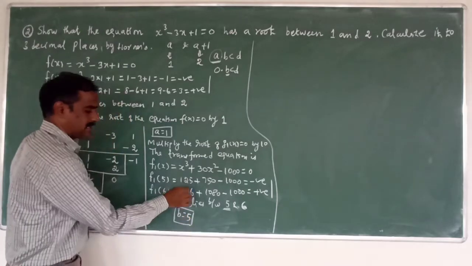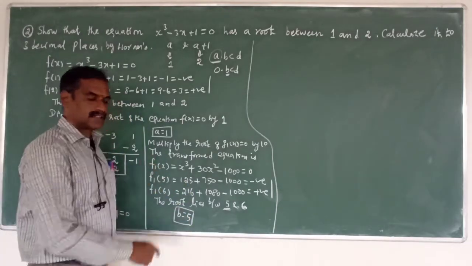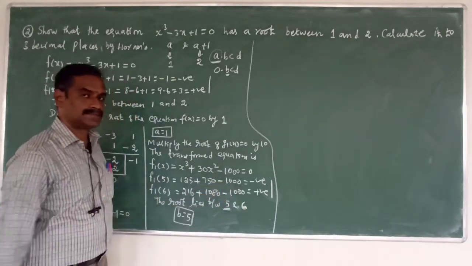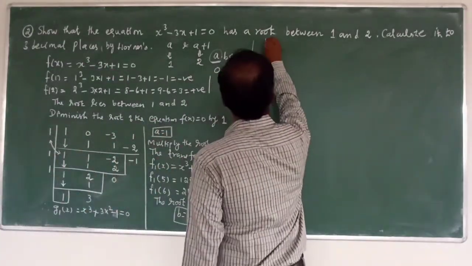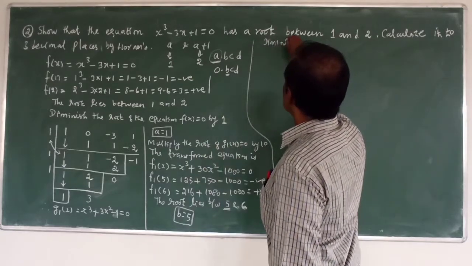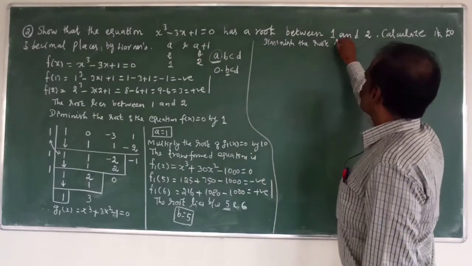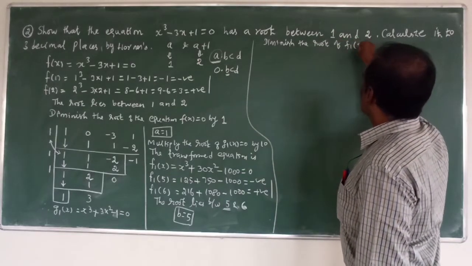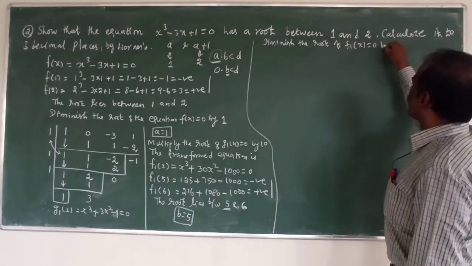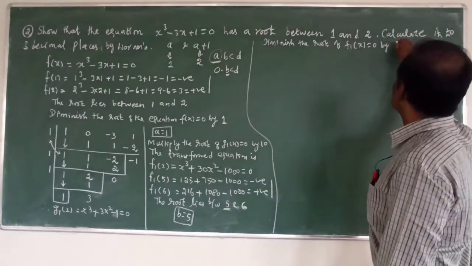Now to diminish the root of f1 of x equal to 0 by 5, you have to divide by 5.